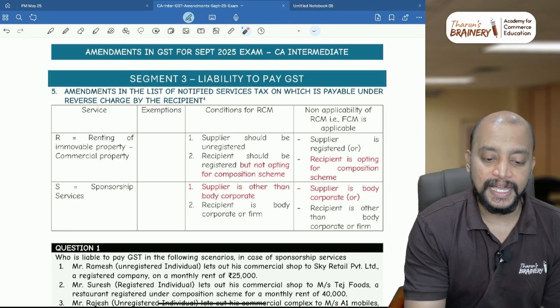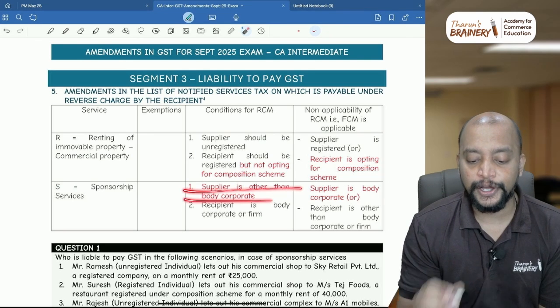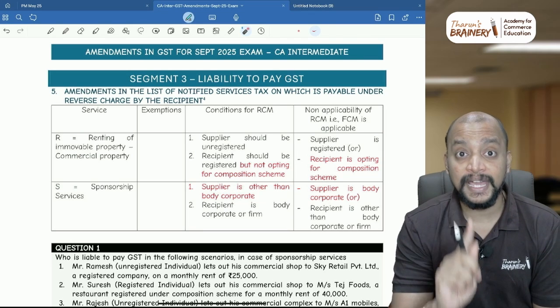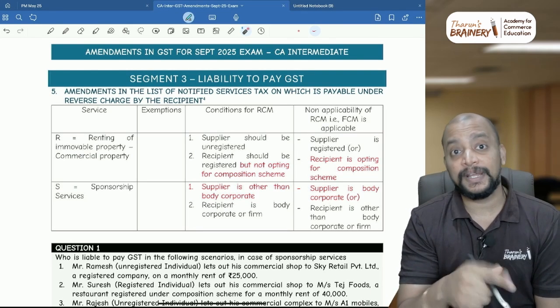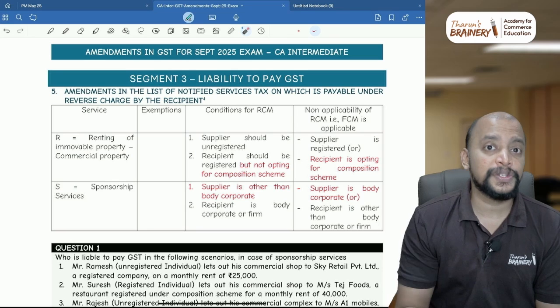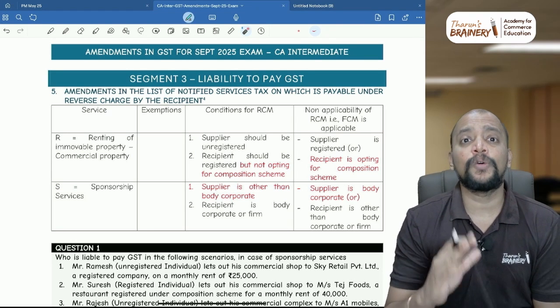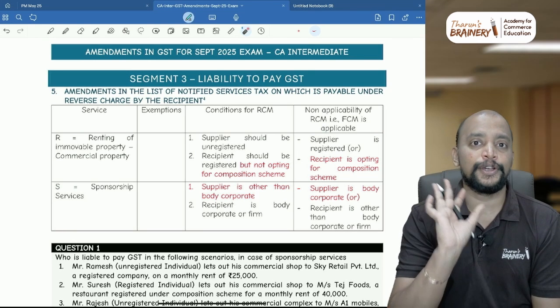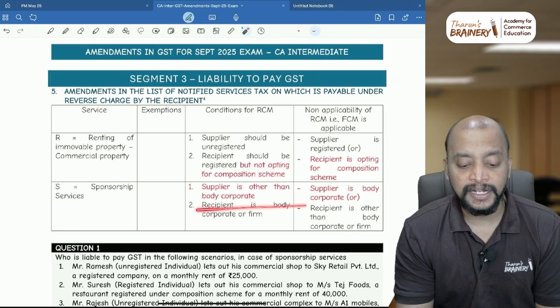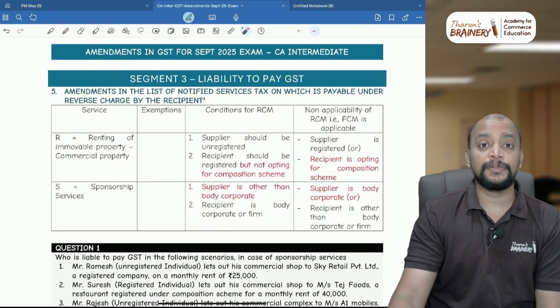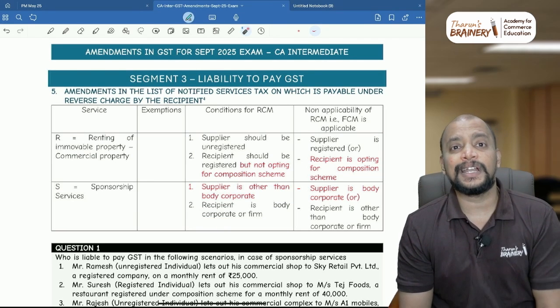See this, supplier is other than body corporate, not firm. Supplier can be firm, individual, AOP, or BOI, but should be other than body corporate, and recipient is body corporate or firm, then only it will come under RCM.